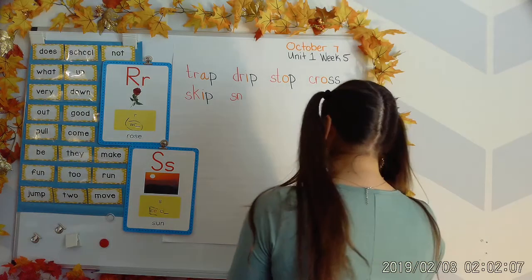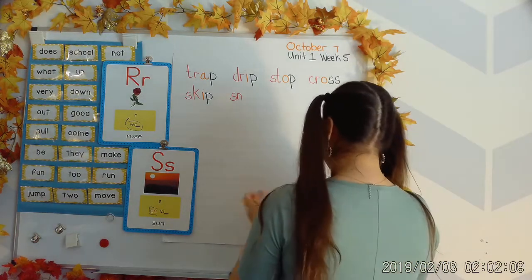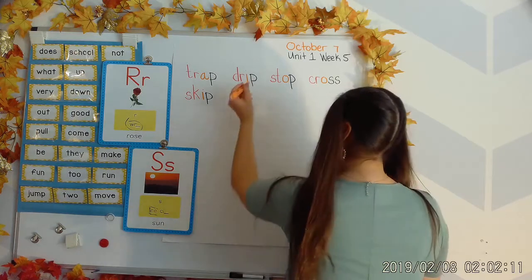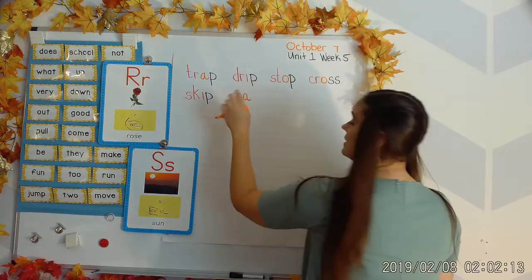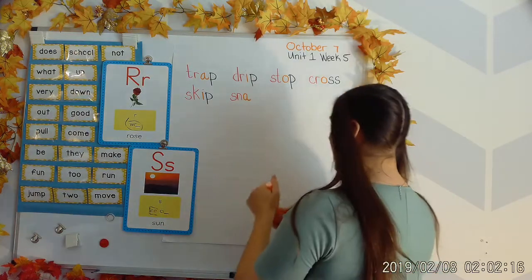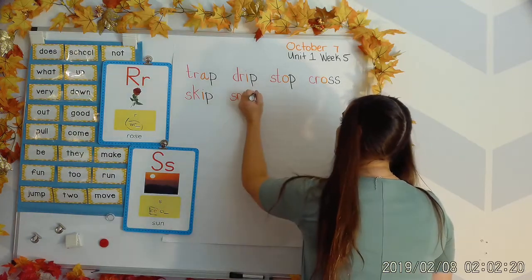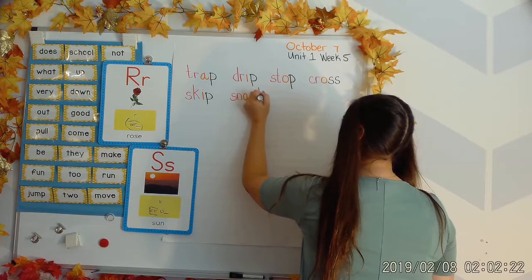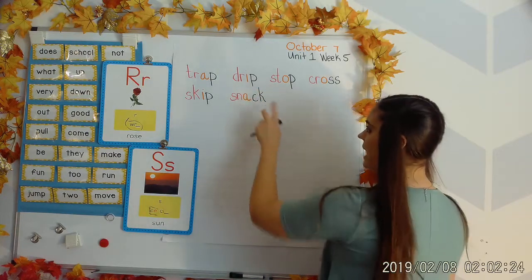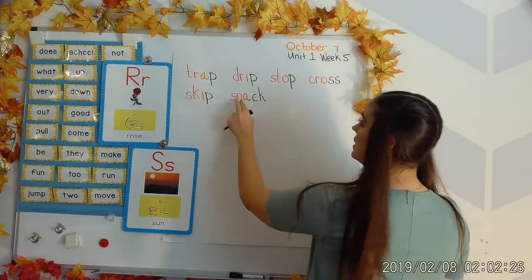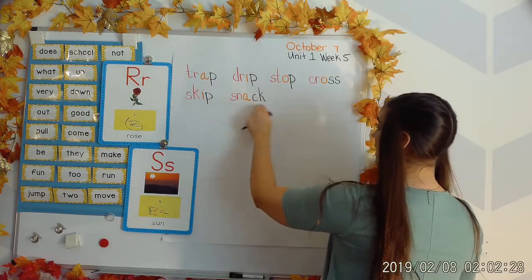Sn. And then our elbow sound, ah. Sna. And then our wrist sound, those two letters, the C and the K, they work together like buddies to say ka. Snack.